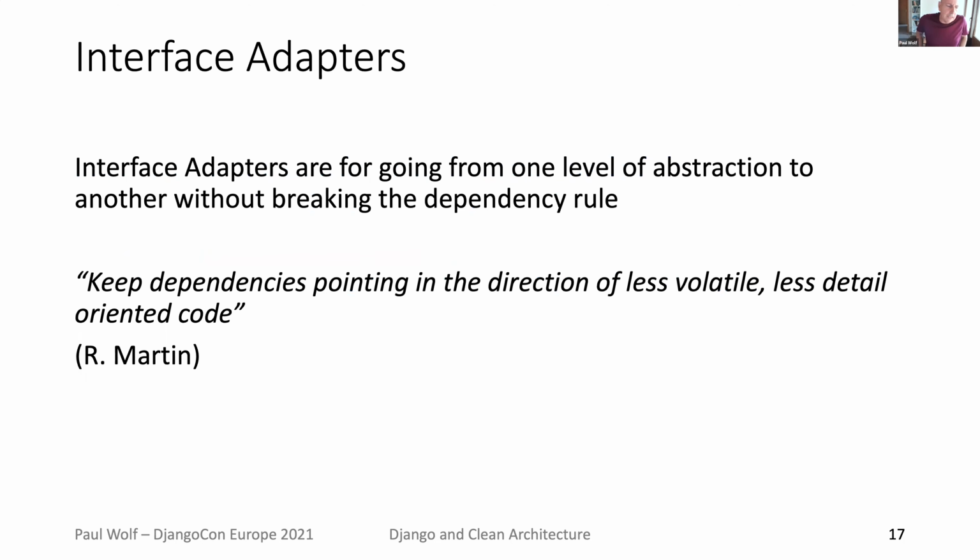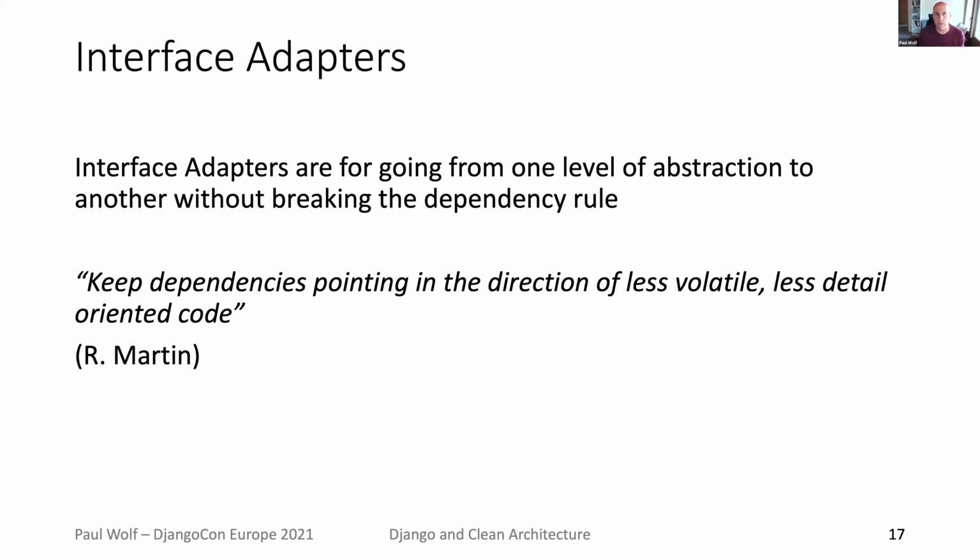Now, I'll just mention here, even though I told you I wasn't going to go into these other hexagonal and onion architecture things, there's a way of expressing this going from one layer of abstraction to another in clean architecture. He uses the phrase interface adapters. In the others, it's sometimes ports and adapters.